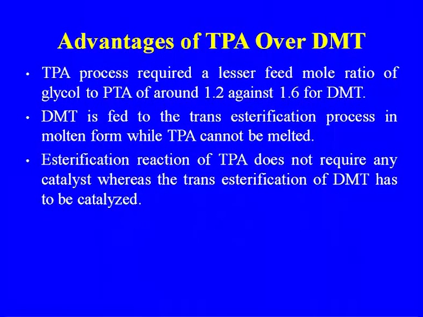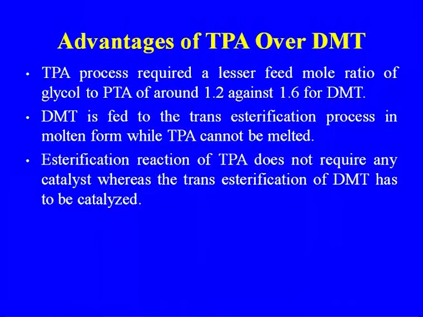Another advantage: the TPA process requires a lower feed mole ratio of glycol to PTA. Here, the monoethylene glycol mole ratio is around 1.2 against 1.6 for DMT.